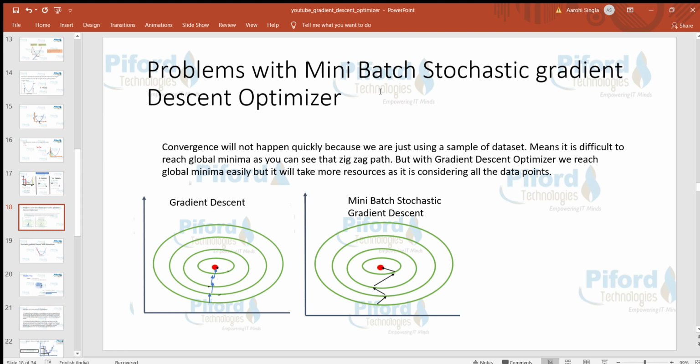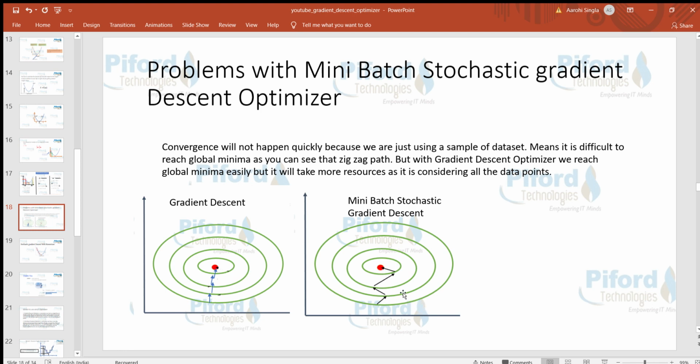If you remember, in mini batch stochastic gradient descent we are creating batches, and we give one batch to our algorithm, and on the basis of that one batch, it will calculate the loss and update the weight. So you can see this zigzag path over here, and convergence will be difficult, right?